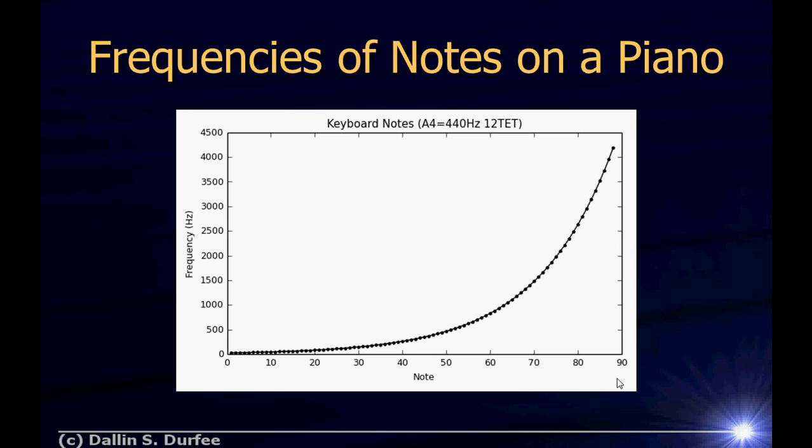It's an exponential curve. We hear pitches logarithmically. What that means is if you ask, how much do you have to go up by an octave? The answer isn't like, I add 100 hertz or I add 1,000 hertz. You don't add something to go up by an interval. You multiply by something to go up an interval. So to go up an octave, for example, you multiply the frequency by a factor of 2.